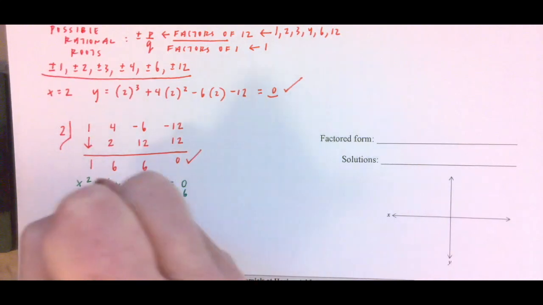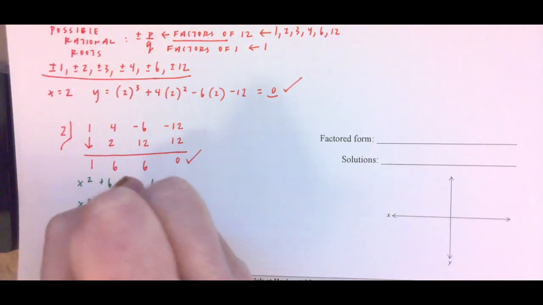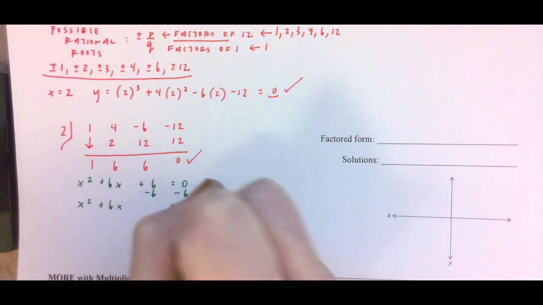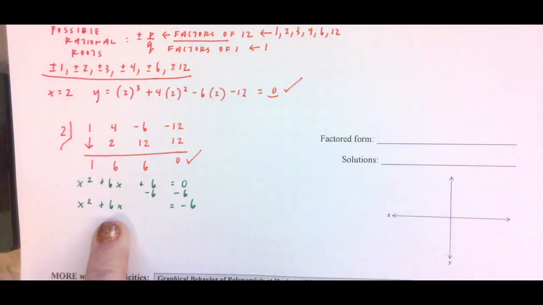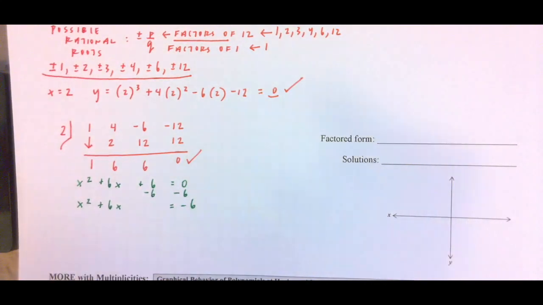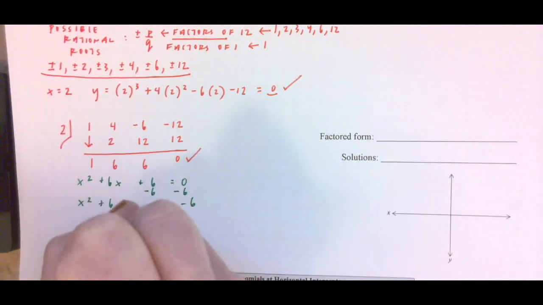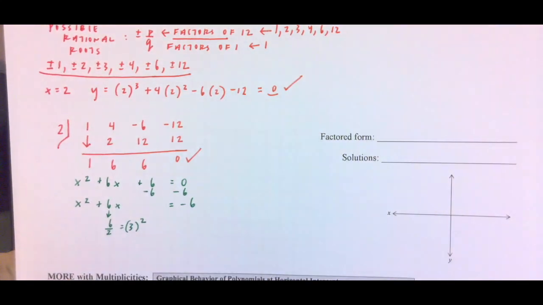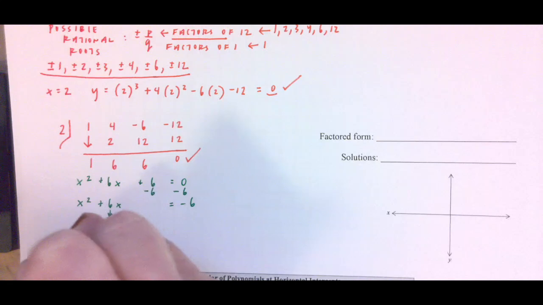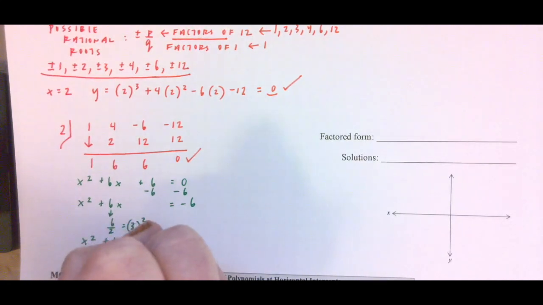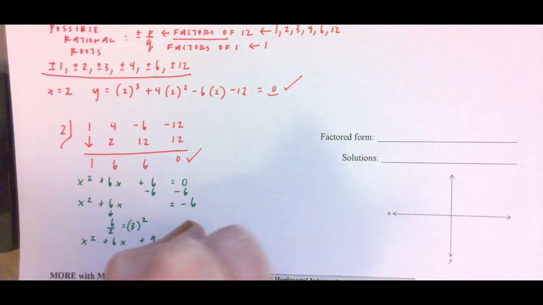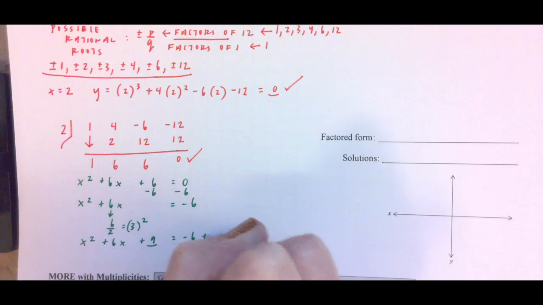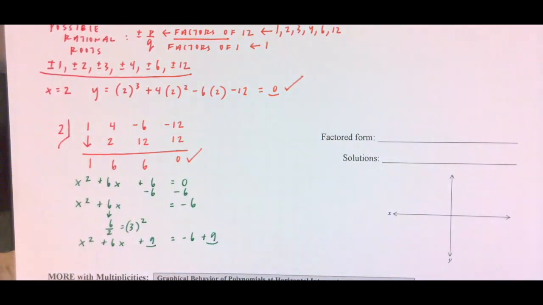I'm going to subtract the 6. Split that linear term in half and square it. So 3 squared is 9. So I have x squared plus 6x plus 9 equals negative 6 plus 9.